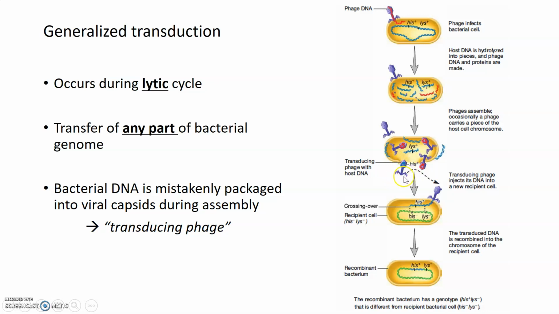And then this one who has bacterial DNA inside of it is known as a transducing phage. And rather than infect new cells, what this transducing phage can do is bind to a new host cell, and insert this bacterial gene into the host, where it can recombine with the host's chromosome through the process of transduction.